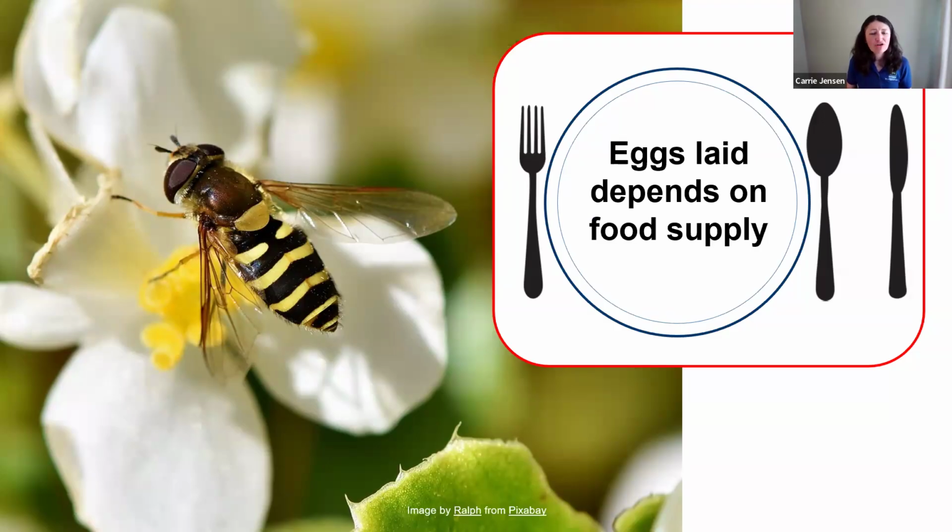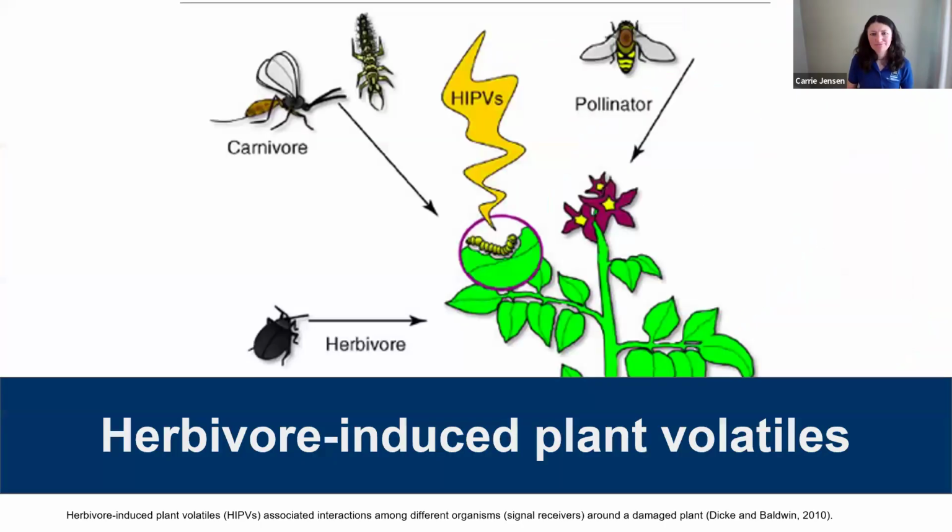So you have to allow for a certain number of the shredder insects, the pests, to build up before the predators will come in. Another way that there's this delayed effect is with herbivore-induced plant volatiles. So we'll have a caterpillar chewing on a plant. The plant will actually send out chemical signals into the air.